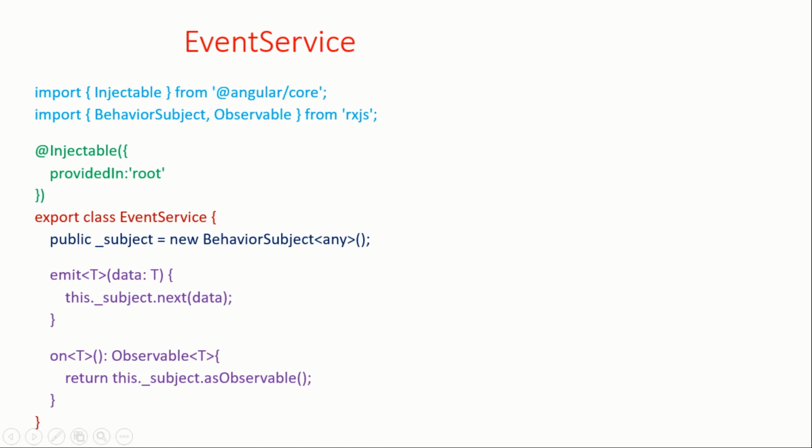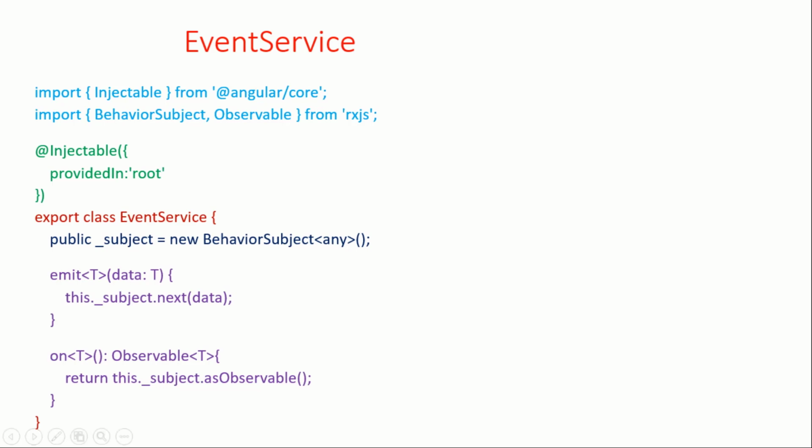If I want to pass data from the customer one component to the customer two component, in customer one I will call this emit method, and in customer two I will call the on method for subscribing. Emit is for telling the other components that I have made some changes, and on is for getting or subscribing to those changes.